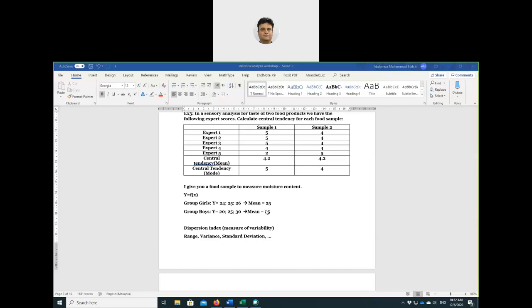Because this data and this data are exactly the same, but it's not going to show the real representative.